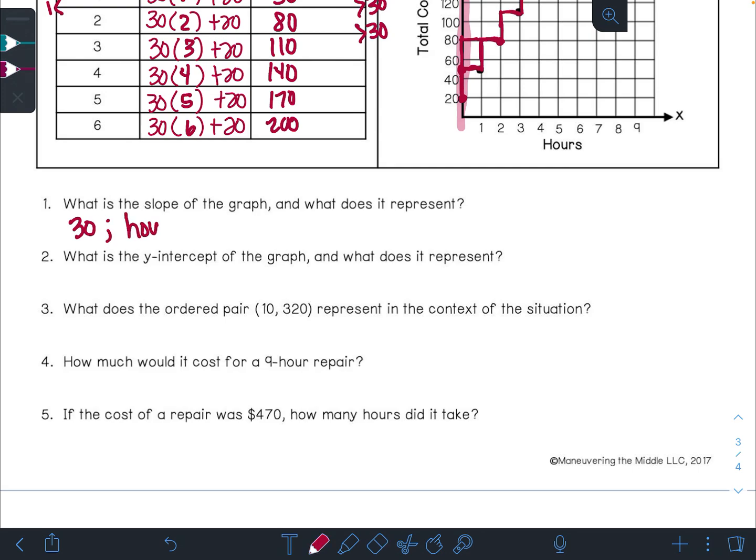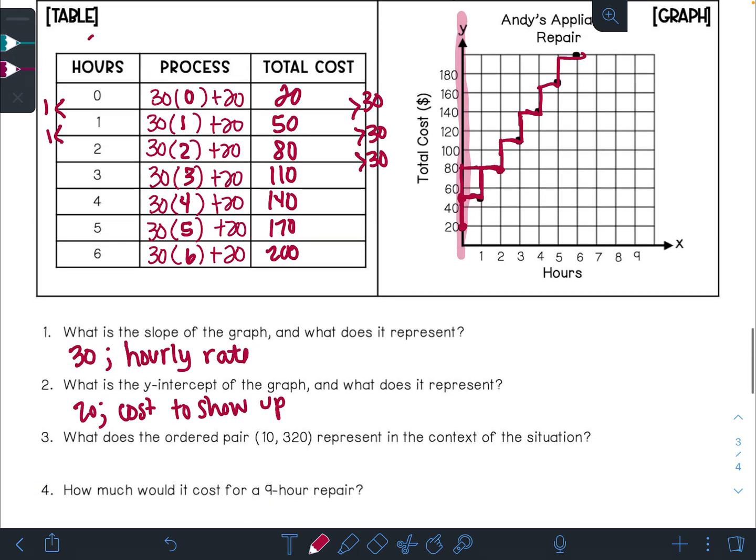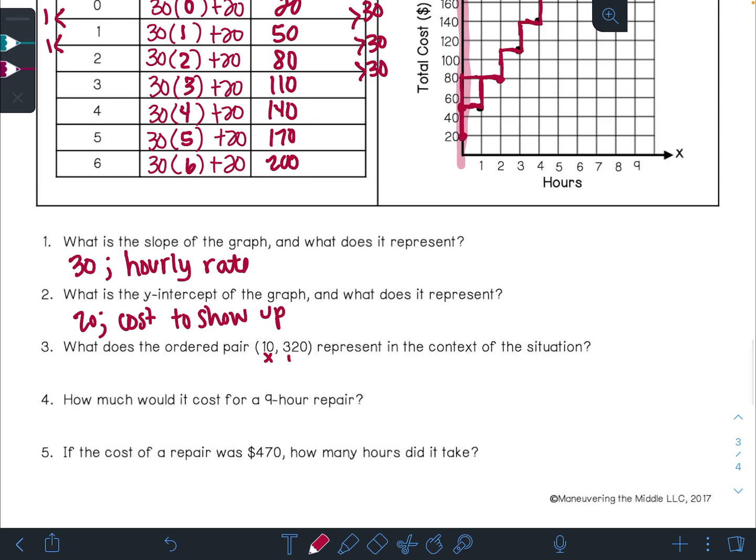The slope is 30, and that is his hourly rate. The y-intercept is 20, and that's the cost for him to show up. And then again, my x value is hours and my y value is total cost. So this is x and this is y.